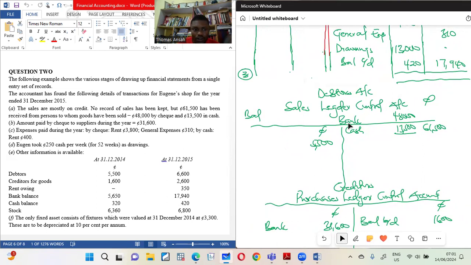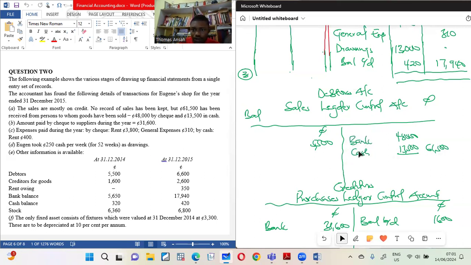Which one was here? The figure here was balances. All right, I think this will be fine. So we had cash. Which one was the 48,000? The 48,000 was check. So this one should come.